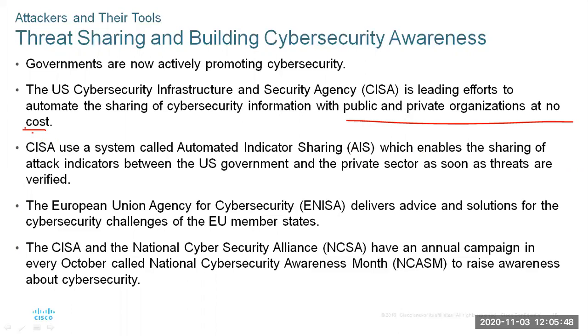CISA uses a system called Automated Indicator Sharing, which enables the sharing of attack indicators between the US government and the private sector as soon as the threats are verified. The European Union Agency for Cybersecurity delivers advice and solutions for the cybersecurity challenges of the European Union member states.